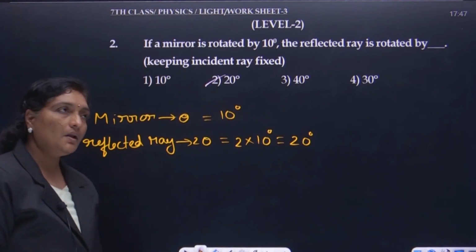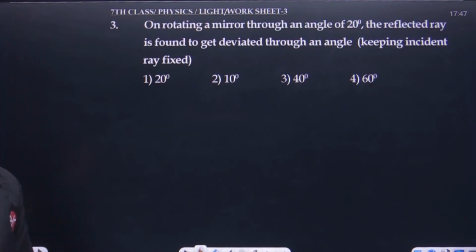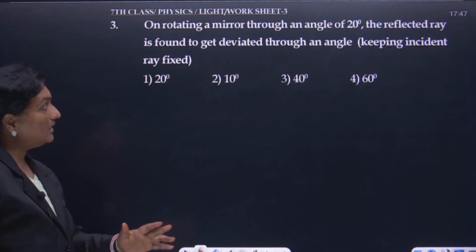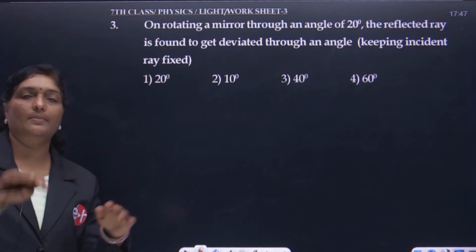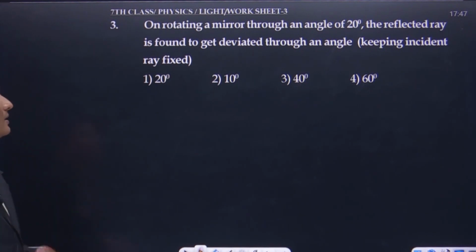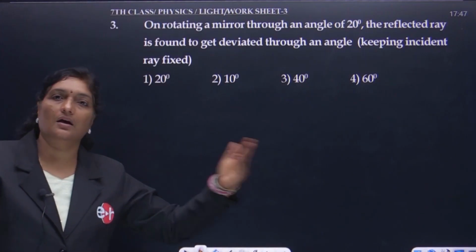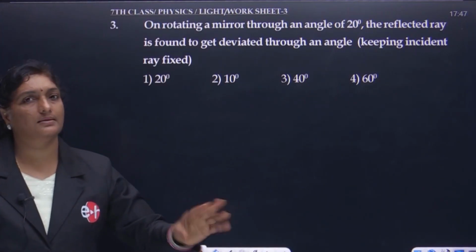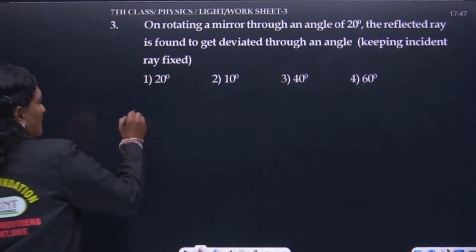Clear? Okay. So moving ahead with the next question, question number 3. What is given? On rotating a mirror through an angle of 20 degrees, the reflected ray is found to get deviated or turned or rotated, meaning the same, through an angle of, let us write down.